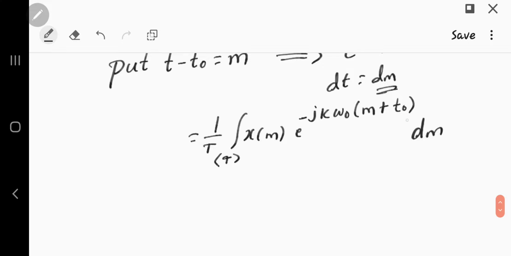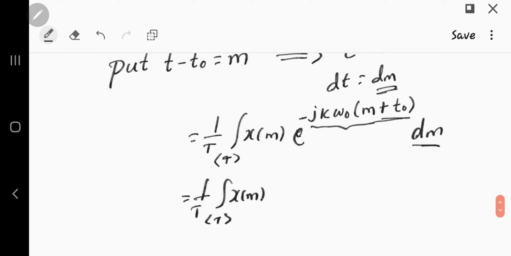Now here we have m plus t naught for this term. So we have to perform multiplication for this term, and we get two exponential terms, and with respect to this dm, one will become constant. So let me do that step and it will be easier for you to understand.